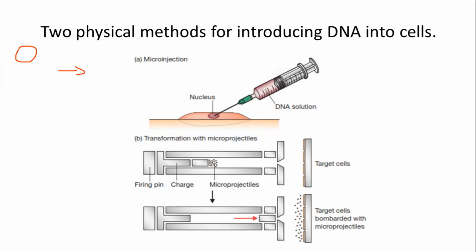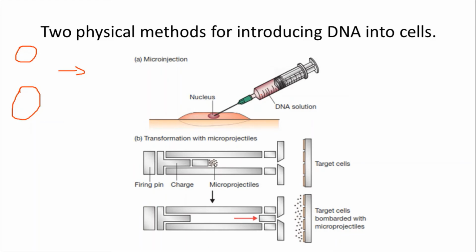Here is a fine needle, simply denoted as a syringe. Using the micro syringe, the DNA solution containing recombinant DNA, along with a hypotonic solution, is taken up.